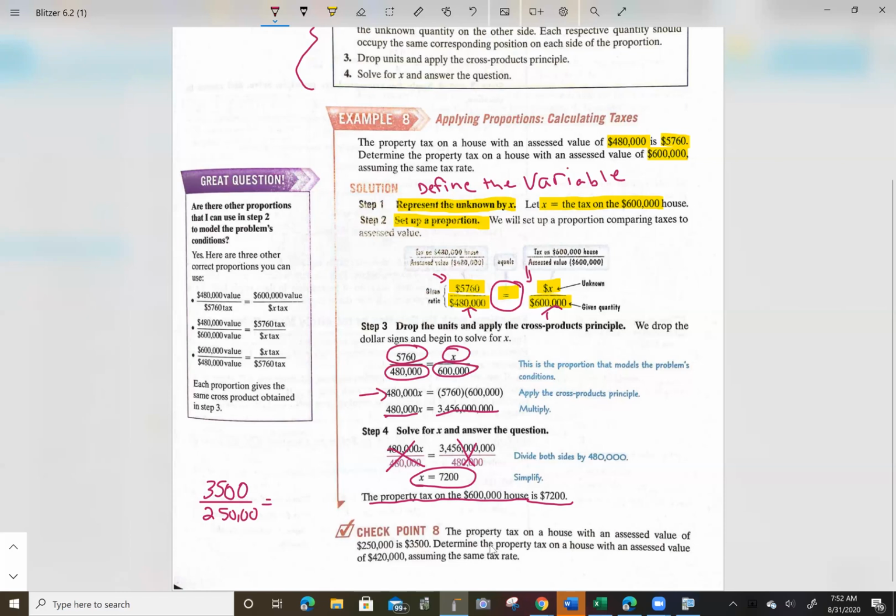It wants us to find the property tax on a house with an assessed value of $420,000. So you're going to have the number 420,000, and X is going to be the amount of tax on that. So finish setting up that proportion and solving, please, for checkpoint 8.